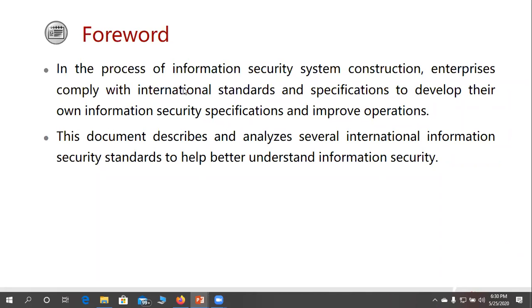In the process of information security system construction, enterprises comply with international standards and specifications to develop their own security specifications and improve operations. This document describes and analyzes several international information security standards to help better understand information security.